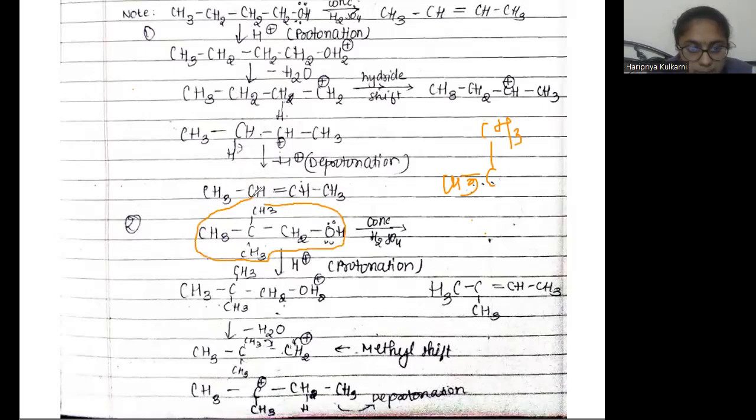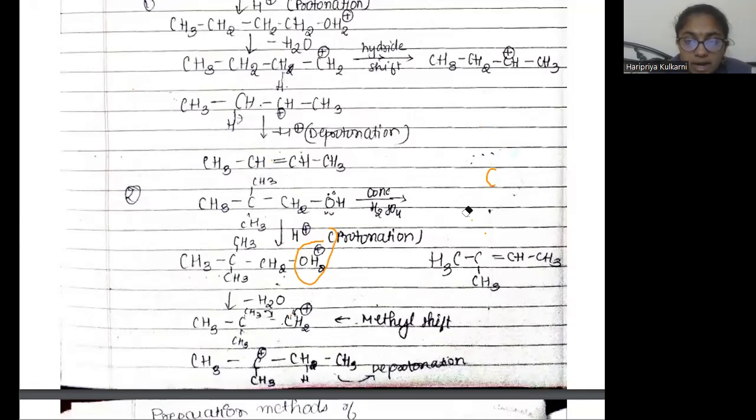Again, repeating the same process, we'll do protonation, addition of hydrogen. So we'll get an H2O molecule with a plus charge, and we have to remove that H2O molecule. So the plus charge will get shifted. This plus charge I'm having on this carbon atom, but the problem is that we don't have any hydrogen atom to shift the plus charge again.